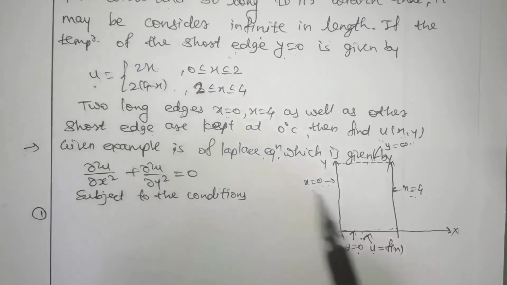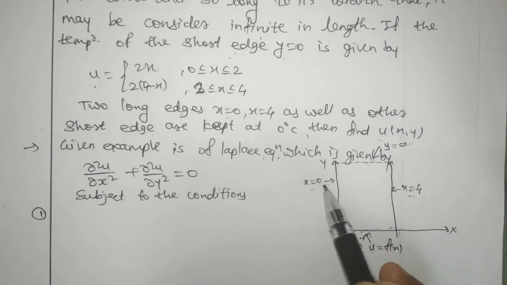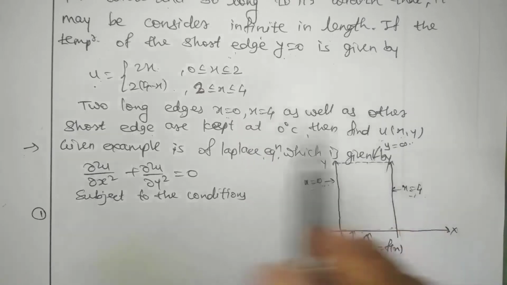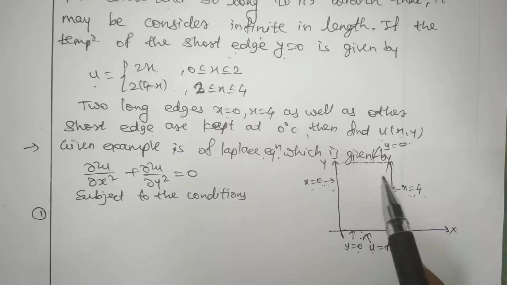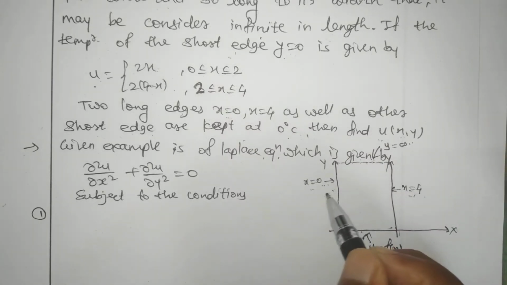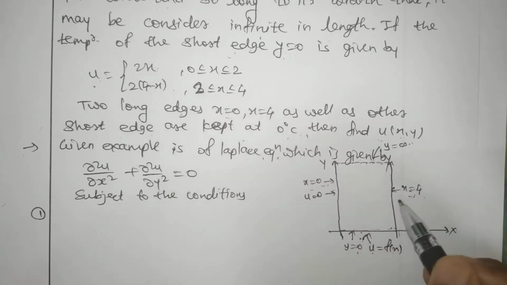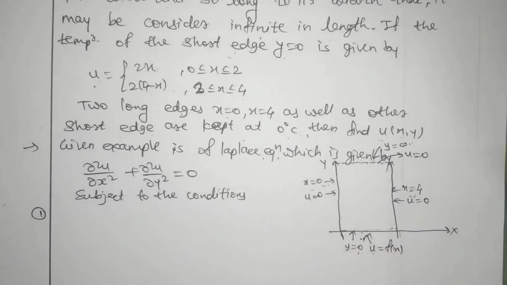So, two long edges x = 0 and x = 4, as well as the other short edge, y tends to infinity. These three edges are kept at 0 degrees Celsius. That means for this side u = 0, for this side also u = 0, and for this side also u = 0.